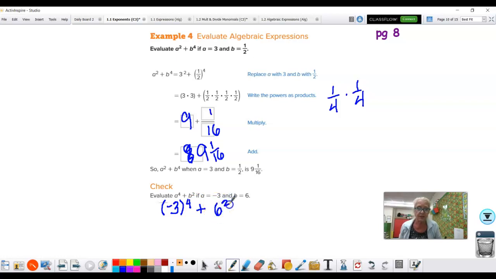I don't need parentheses on the 6 because it's positive. This is -3 times -3 times -3 times -3, which is positive 81. And 6 to the second power is 36. So when you add those two together, you're going to get 117. Gosh, I hope that's right. I did it in my head and it's early. I'm sure you'll let me know if it's not.